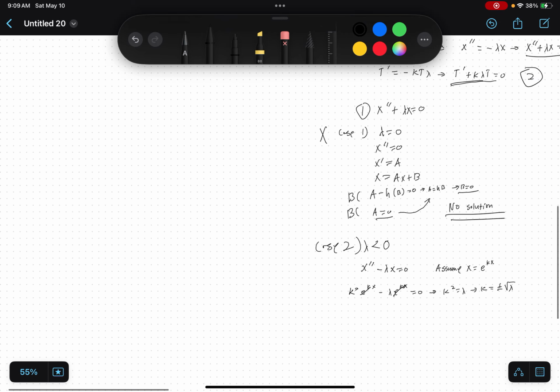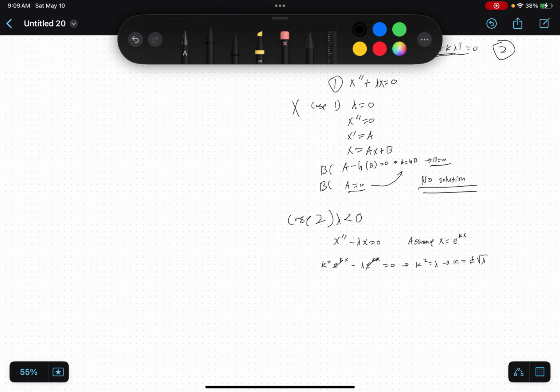Okay, so now there are a couple standard solutions, and I've gone over these before, but I'll write them out here again.